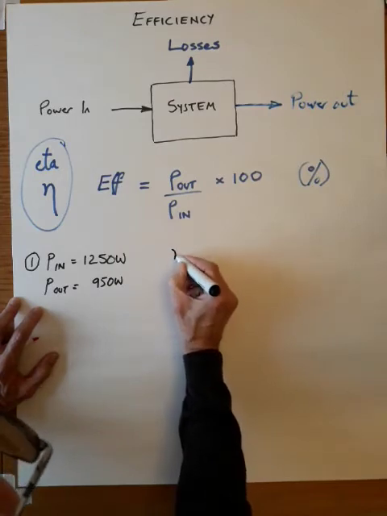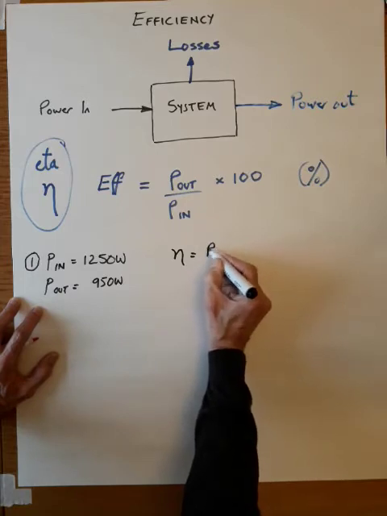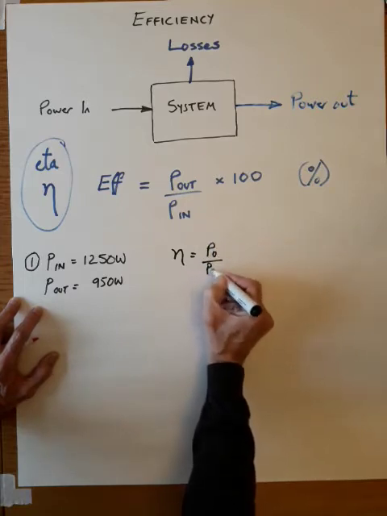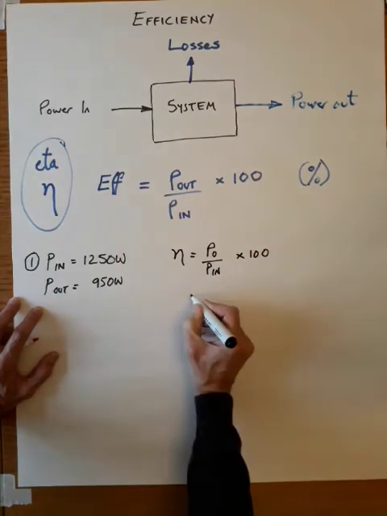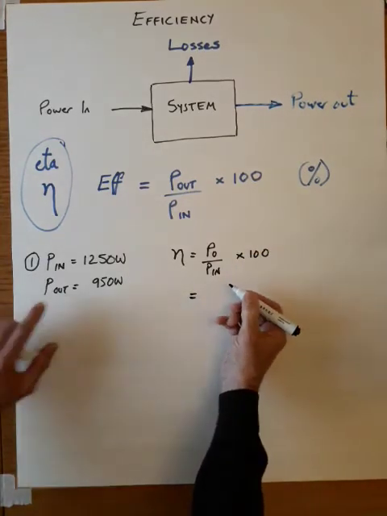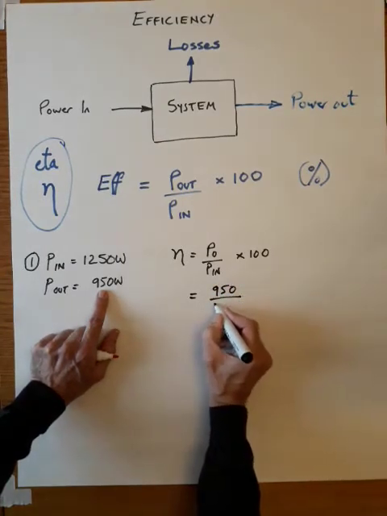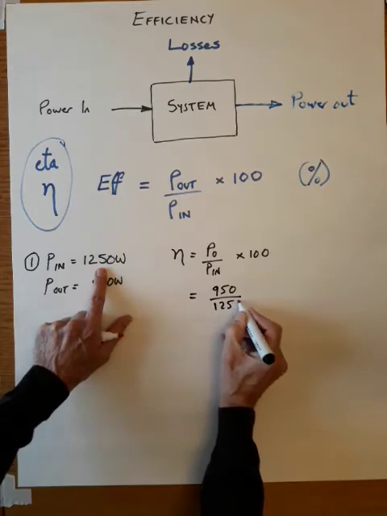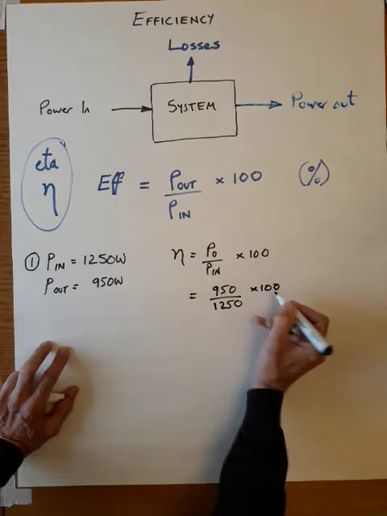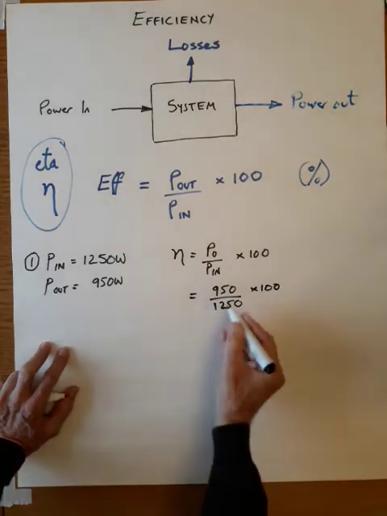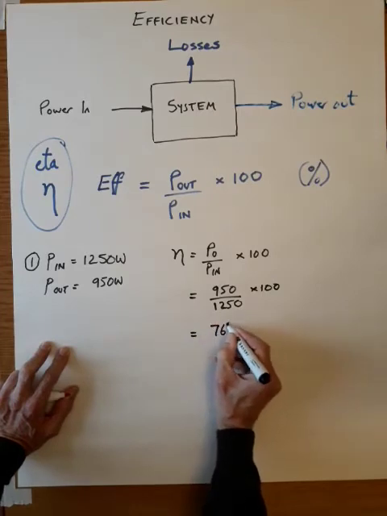So the efficiency is power out over power in times 100. Put the numbers in. Power out is 950. Power in is 1250 times 100. And if you put that into your calculator and work it out correctly, you should come to 76%.